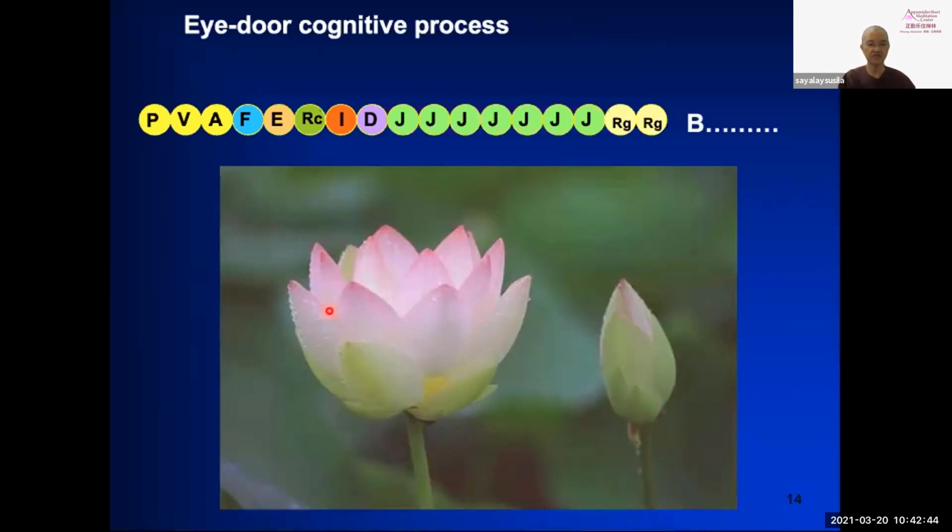If a visible form impinges on the eye base together with bhavanga, then the first is called past bhavanga, atita bhavanga, which passes away. Since this passes away, it is called past bhavanga.